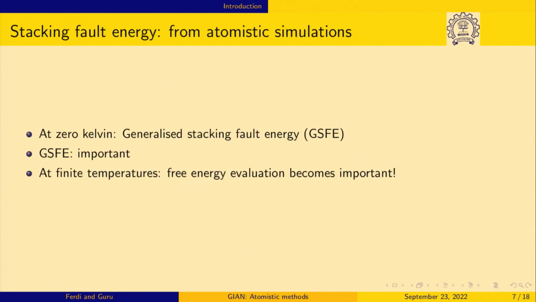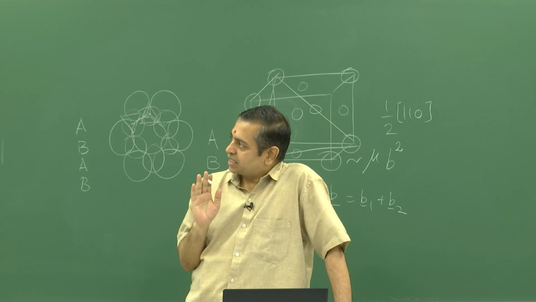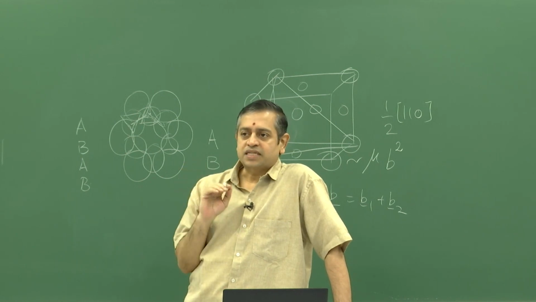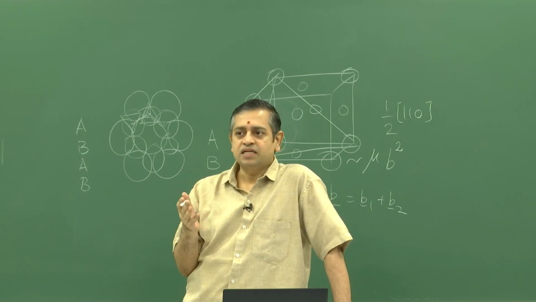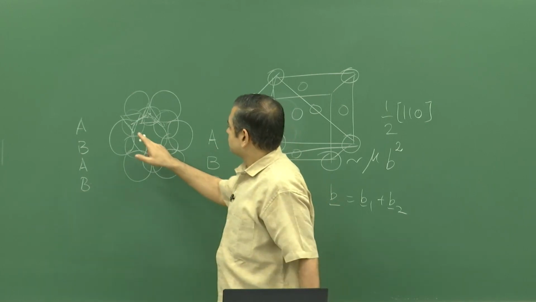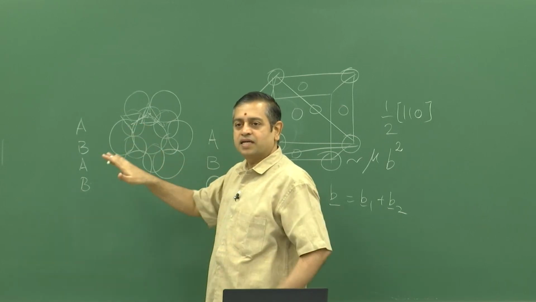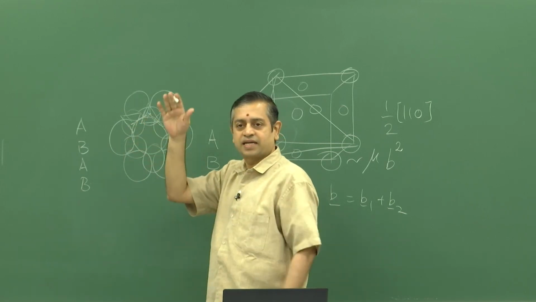Okay. So, from atomistic simulation, our aim in this problem, for example, is to get the stacking fault energy. And like I said, at 0 Kelvin, the stacking fault energy is nothing but the difference in the potential energy. If that is so, the stacking fault energy is when I have moved all the B plane atoms to C positions and created a stacking fault.